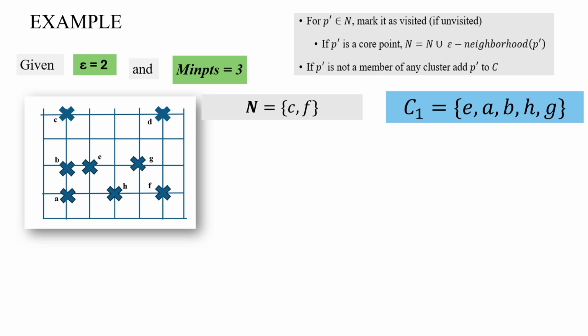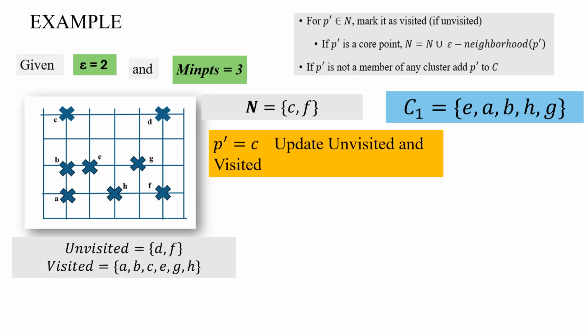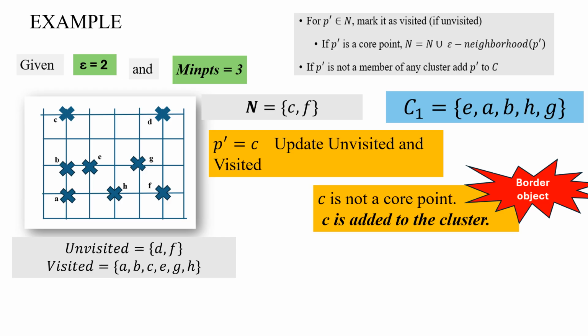So N was CF when we left the last slide. We pick up C. We change these two sets comprising of unvisited and visited. C is not a core point. Now see, this is a special kind of point. It is not a core point, so we don't have any considerations of whether new points will be added to N. But right now it is not a member of any cluster.